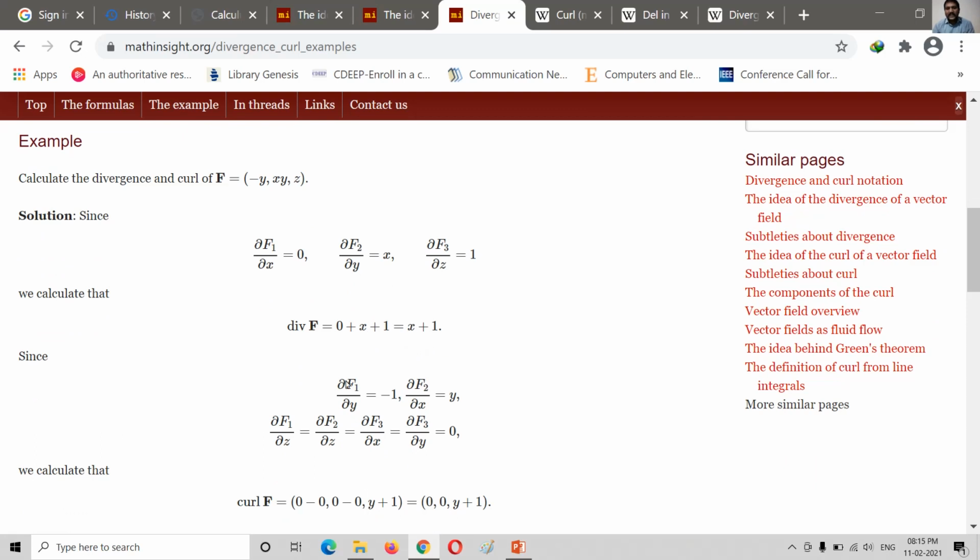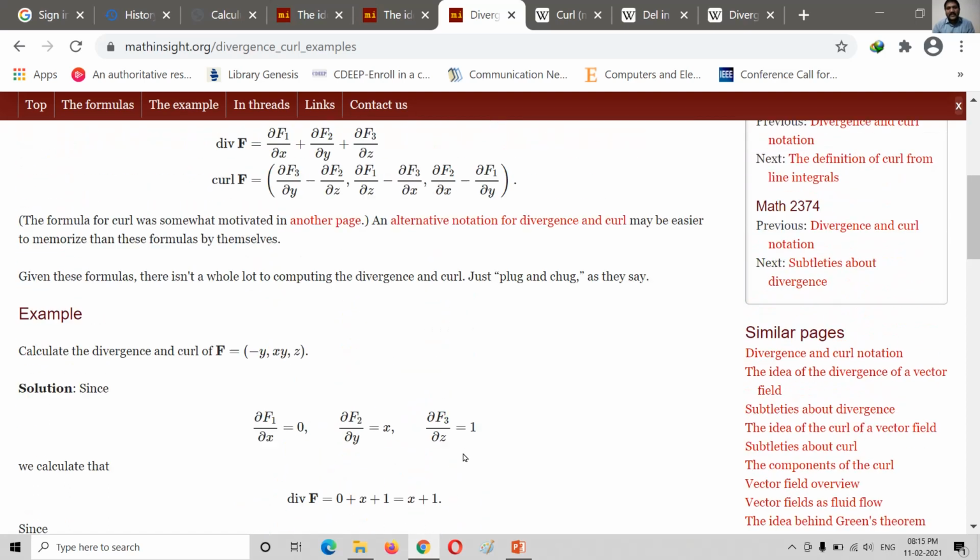Now, to calculate the curl of F bar, first we calculate del by del y of F1, which comes out to be minus 1. Del by del x of F2 comes out to be y. Del by del z of F1, del by del z of F2, and del by del x of F3 all come out to be 0. Why am I calculating this?